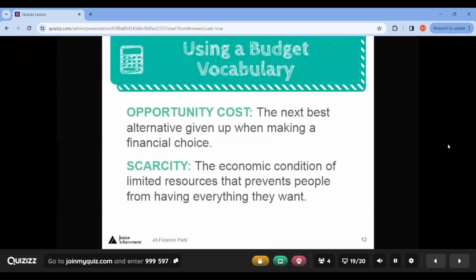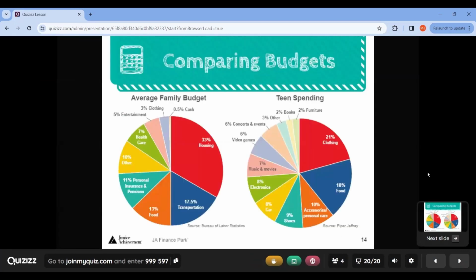Expenditures, yes. So opportunity cost is the next best alternative given up when making a financial choice. Scarcity is the economic condition of limited resources that prevents people from having everything they want.